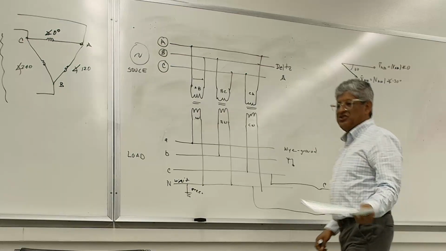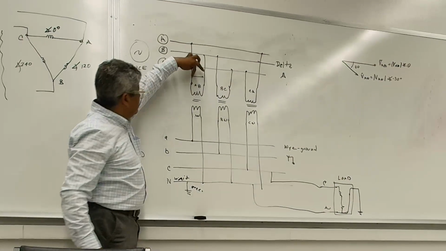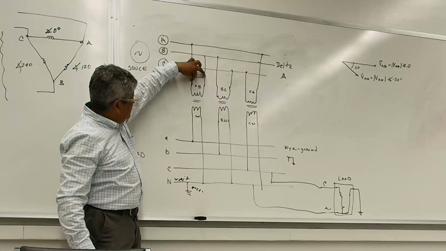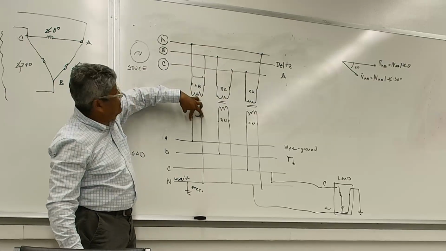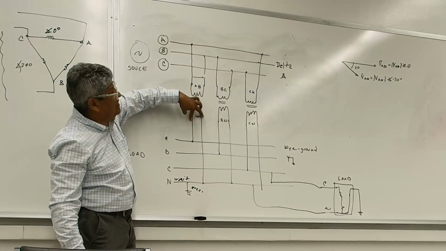So this is a 30-degree shift between these two points, phasor, and these two points, phasor, okay, always a 30-degree shift.